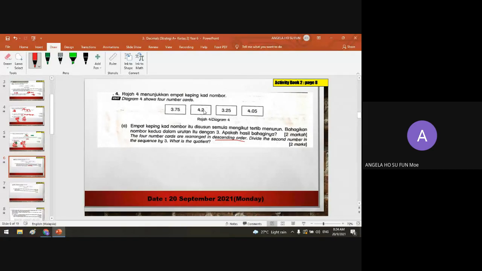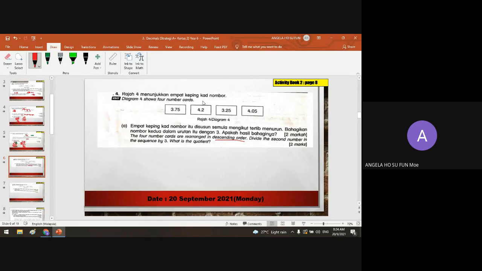Before you divide, look at it: divide the second number. Is this the second number? No, because these 4 number cards haven't been arranged in descending order yet. So you look at the largest number. Of course, 4 is the biggest compared to 3. But there are two 4s here. This is 4.2, this is 4.0.